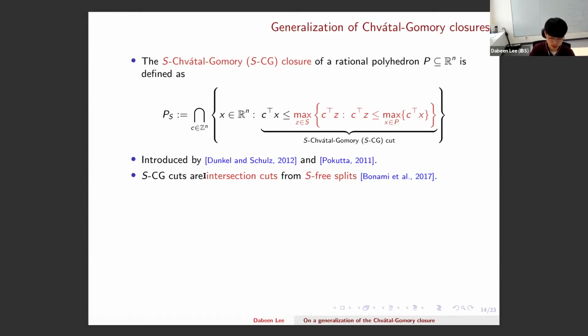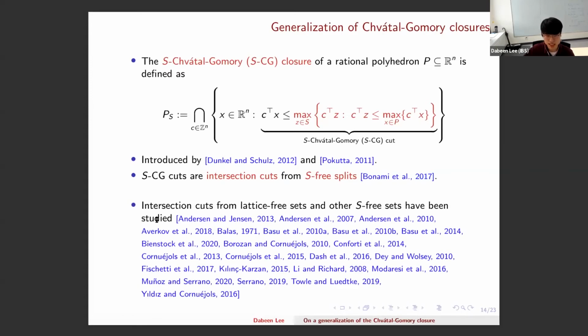I'm not going to explain what intersection cuts are. Well, this is beyond our scope. But let me mention that intersection cuts have been studied a lot in the last decade in the integer programming community.